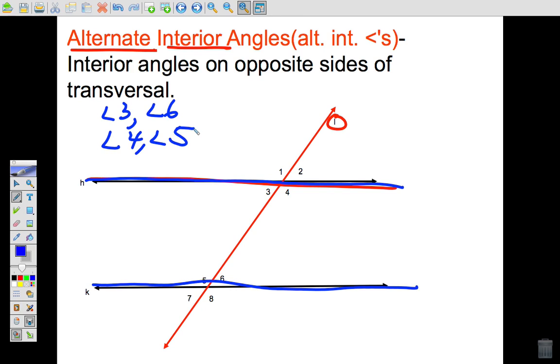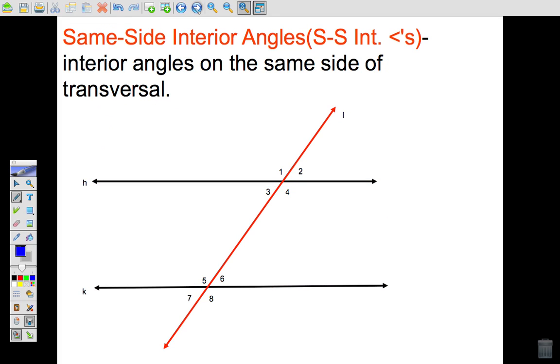Right now, we're not introducing it that way, because if these two blue lines are not parallel, they won't be congruent, but that's kind of where we're going. So angle 3 and angle 6 are alternate interior angles. They're one pair. Angle 4 and angle 5 are alternate interior angles. That's it. None of the others are. So alternate interior angles, they're on either side of the transversal. They're inside the two lines that the transversal crosses.